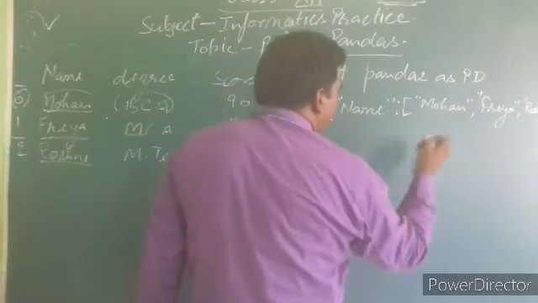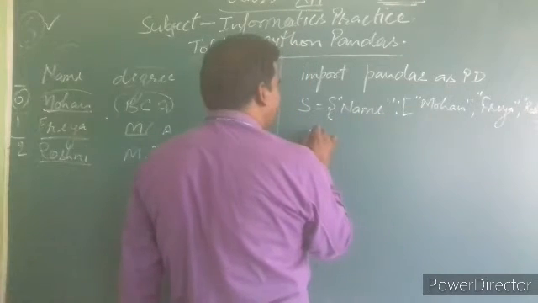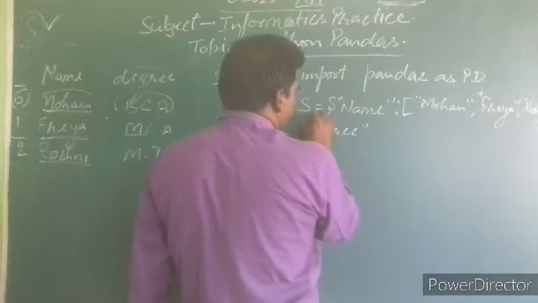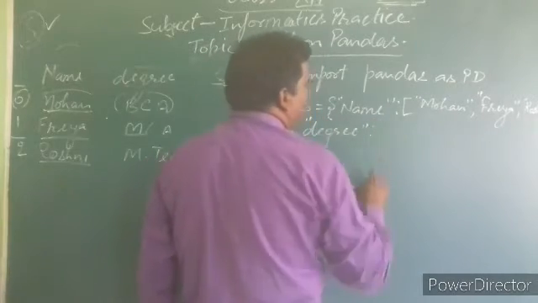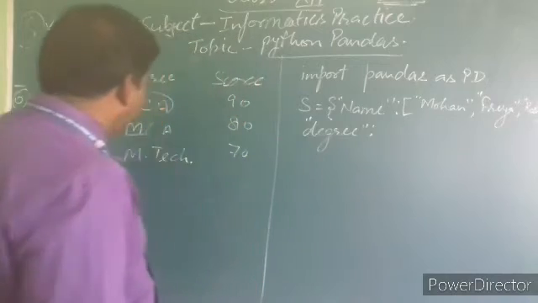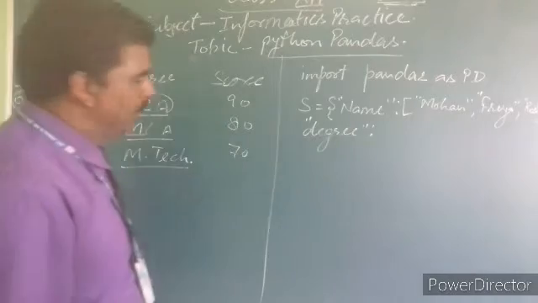So in name we have stored. After that we are storing degree also. So in degree, you know, BCA, MCA and MTech is there.